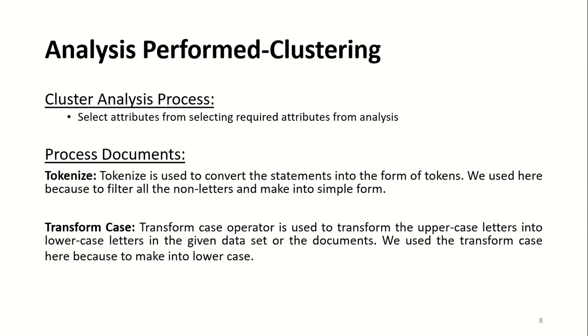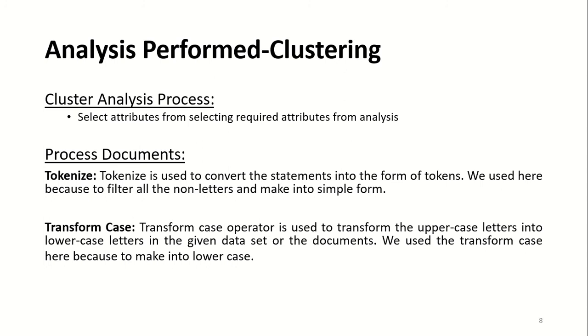So, the first technique, the clustering technique. We need to select the required attributes for the analysis. The first step is selecting the attributes, and the second step is process documents.